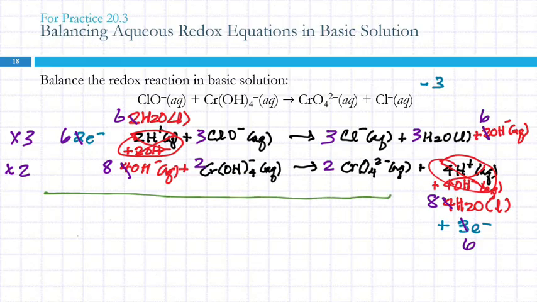It's a mess. The 6 electrons cancel out. I'm going to write everything else down, though, because it's hard to see with the way it is right now.